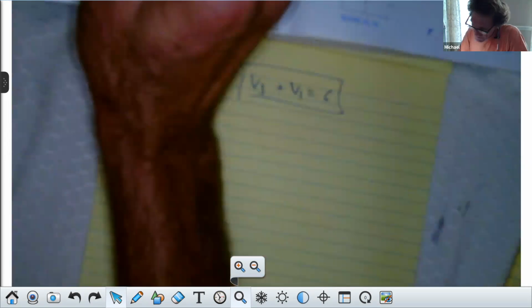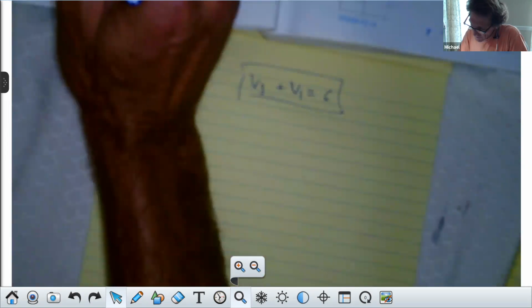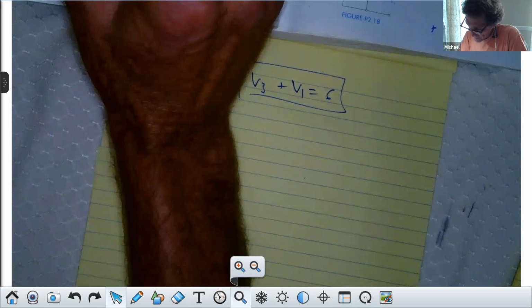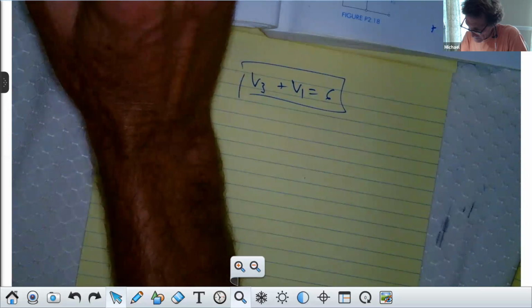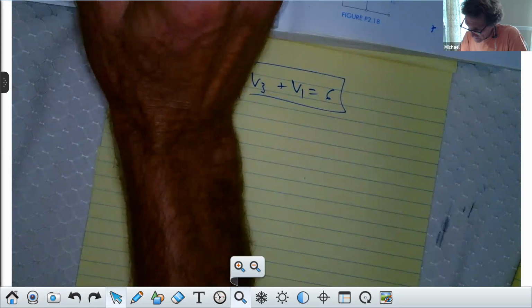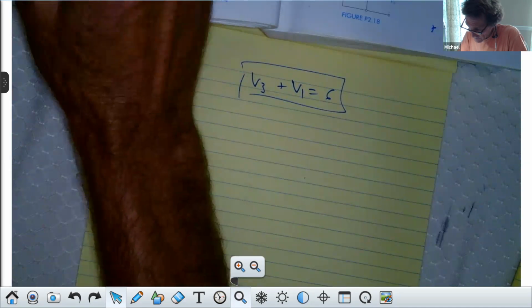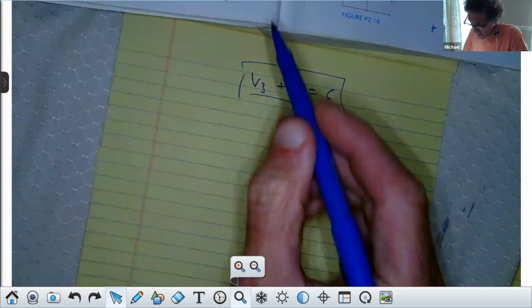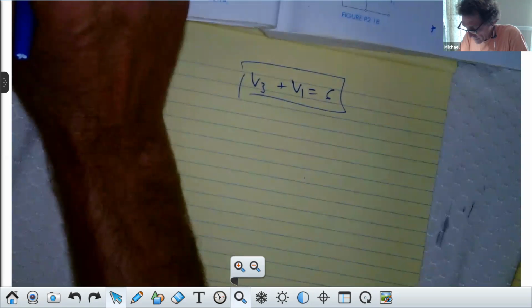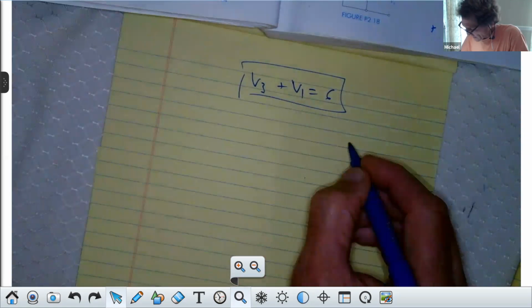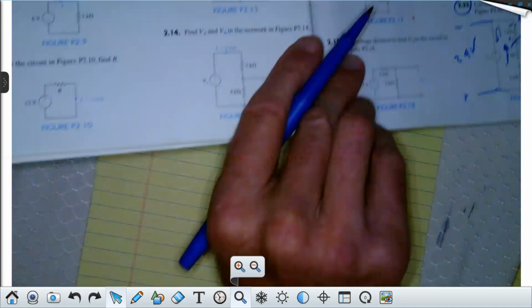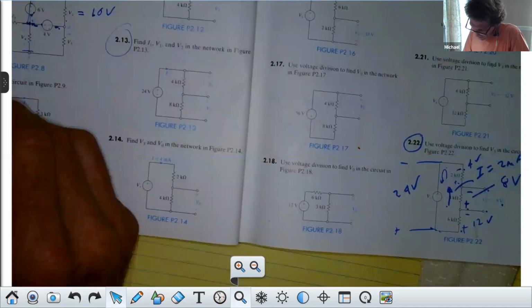Next equation, all right, if I take a look at this, I can go around this loop right here. Actually, I can start here at the negative. Here's what I'm going to do: I'm going to go at this point.